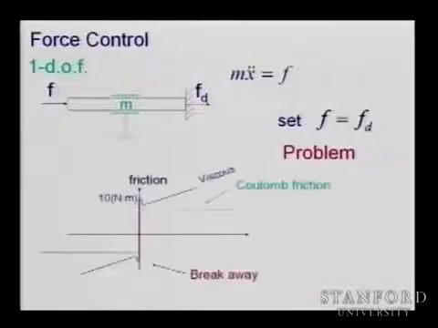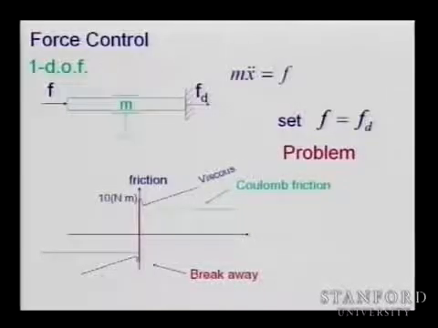And the reason for that is the friction. As long as your force desired is within the breakaway friction, you're not going to move. Your force will not get the robot to move beyond that friction.